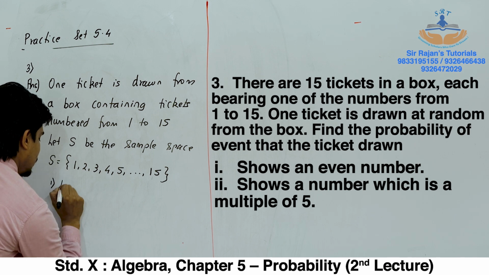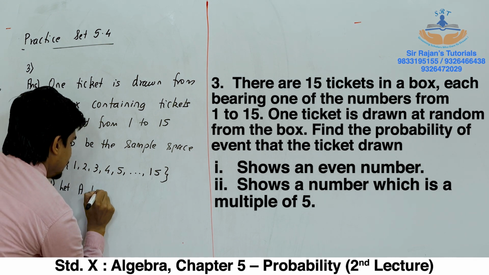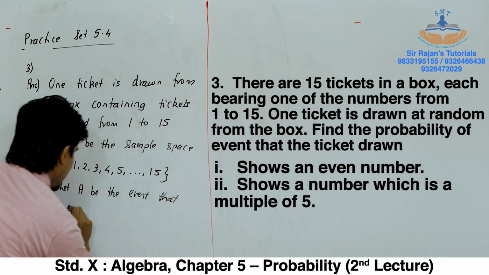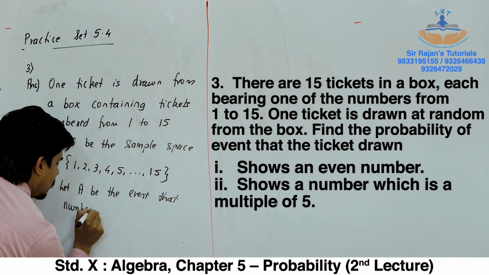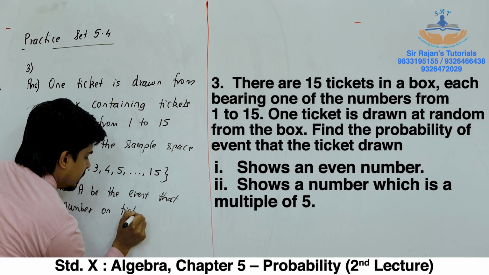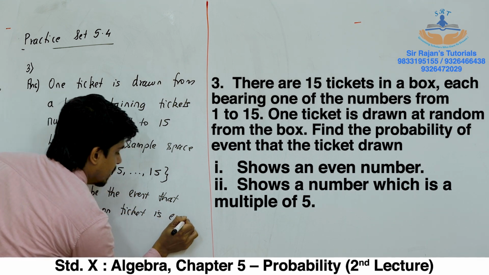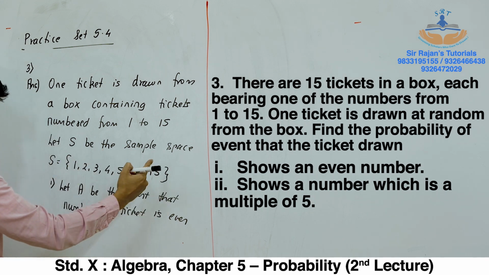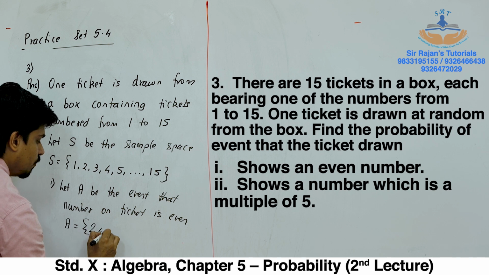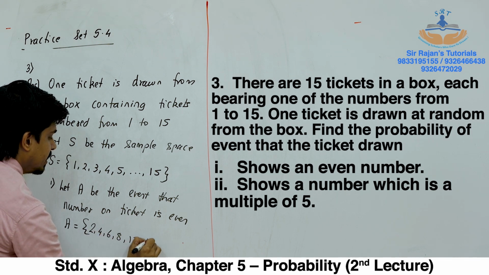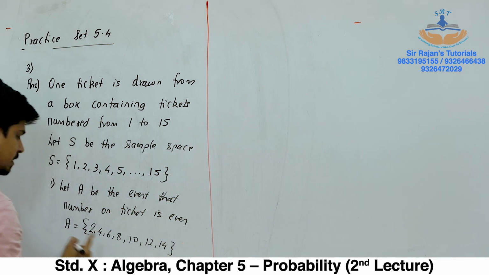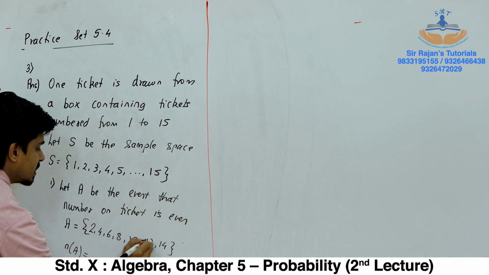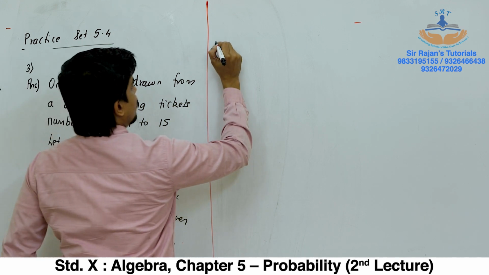So I'll write first: let A be the event that number on ticket is even. So you need to pick out all the even numbers from your sample space. 2, 4, 6, 8, 10, 12, 14. Write it in brace bracket. N of A: 1, 2, 3, 4, 5, 6, 7. There are 7 numbers.